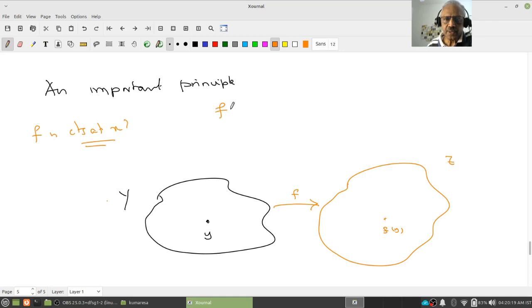So f is a function from where to where? To topological spaces Y and Z. Okay, I want to know when f is continuous at y. See, the point I'm trying to say is the topology of Y, or the open sets around y, may be very difficult for me to visualize, because to prove continuity, what do I have to do?